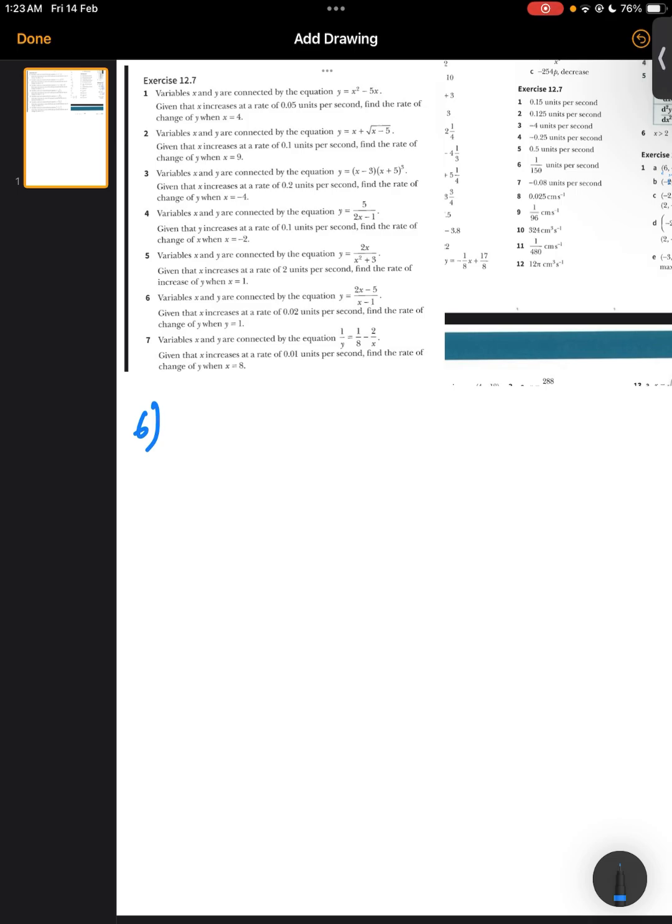Now question 6. The variables x and y are connected by the equation, given that x increases at rate. Okay, first thing first, dx/dt is 0.02. We have to find out the rate of change of y, dy/dt would be required.